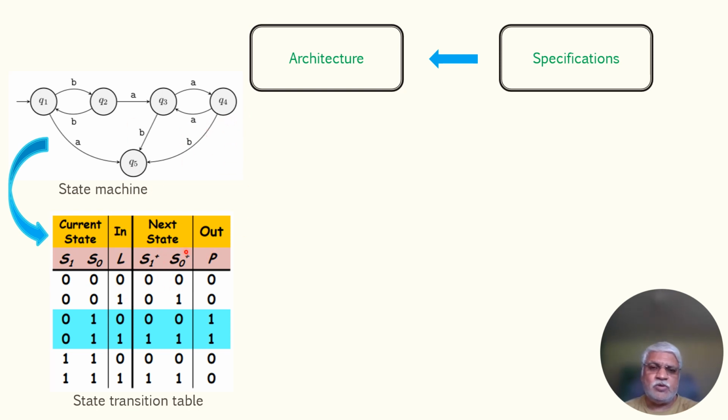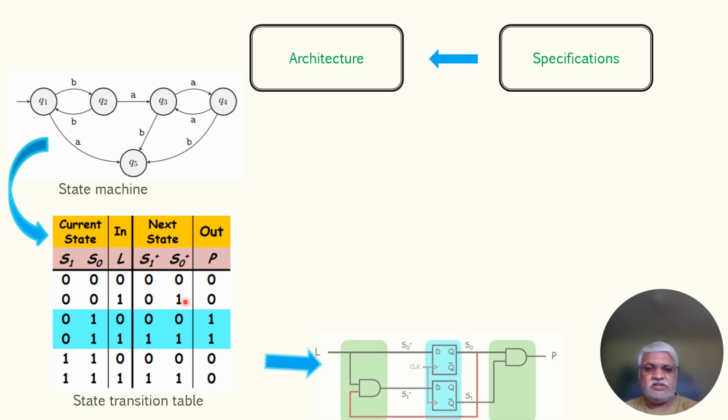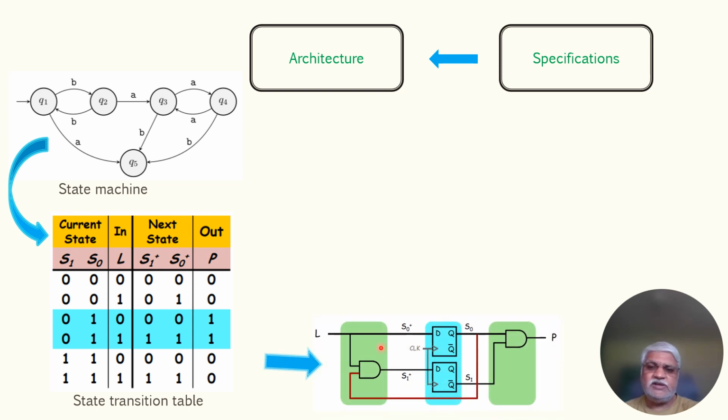When it was a small design, we used to convert this state machine into a state transition table. This is not the exact one, I just picked one for easy understanding. In this state transition table, we have the current state, input, next state, and the output. Based on this, circuit implementation will happen.